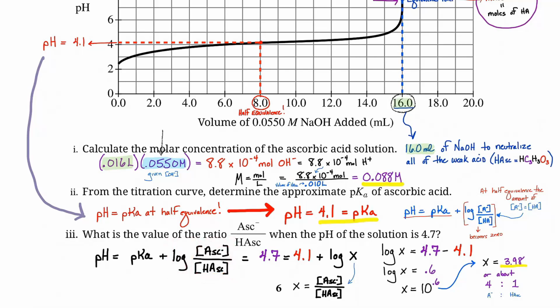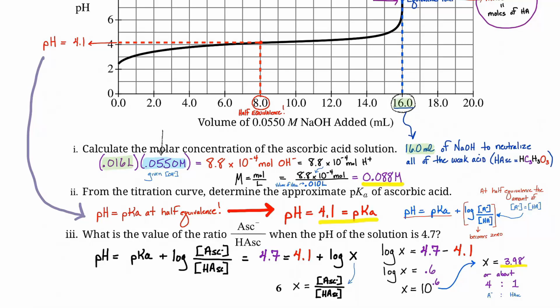What do we know? We're going to solve for it at 4.7. So that's 4.7 goes there. The pKa we just solved for. Now we're just going to solve for this ratio. You say, well, how does that a ratio? Well, if you solve for this and get 10, it's 10 over 1, right? So if you solve for this and you get 0.1, that means you have 1 to 10 ratio, right? This one's bigger by 10.